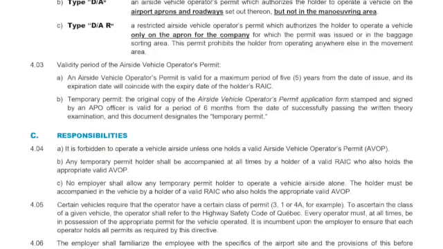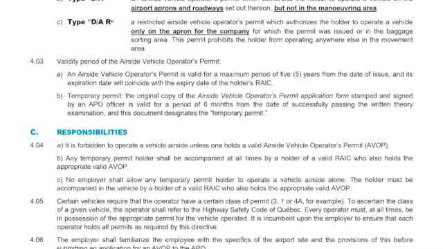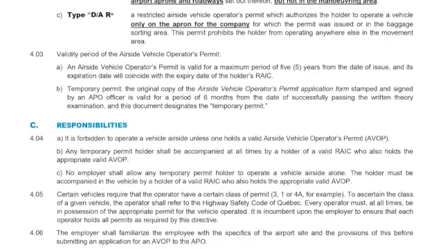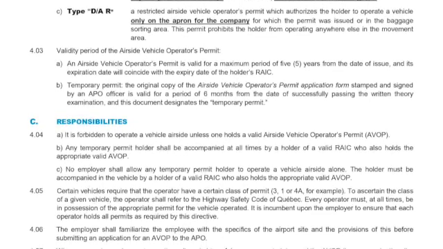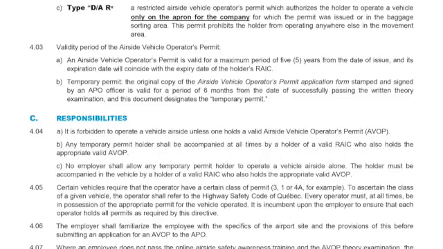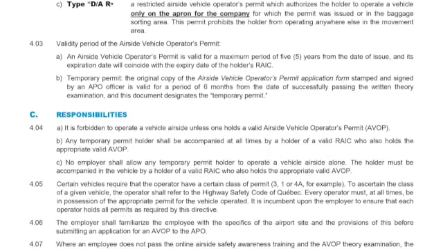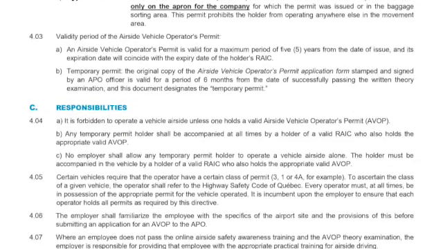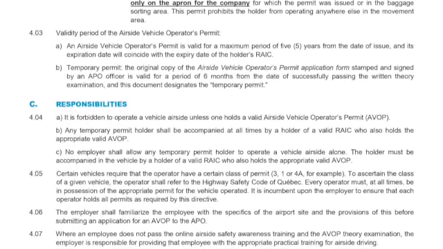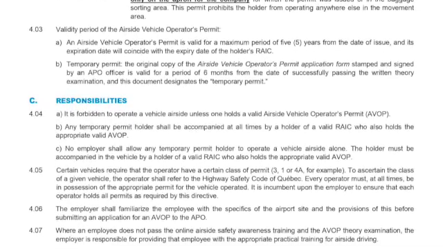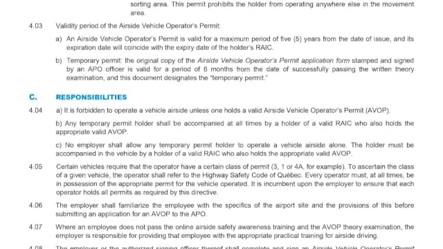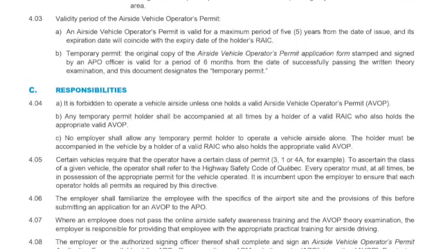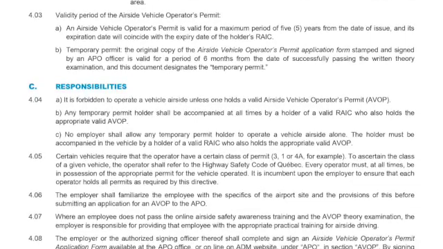The holder must be accompanied in the vehicle by a holder of a valid RAIC who also holds the appropriate valid AVOP. 05. Certain vehicles require that the operator have a certain class of permit, 3, 1, or 4A, for example. To ascertain the class of a given vehicle, the operator shall refer to the Highway Safety Code of Quebec. Every operator must, at all times, be in possession of the appropriate permit for the vehicle operated.